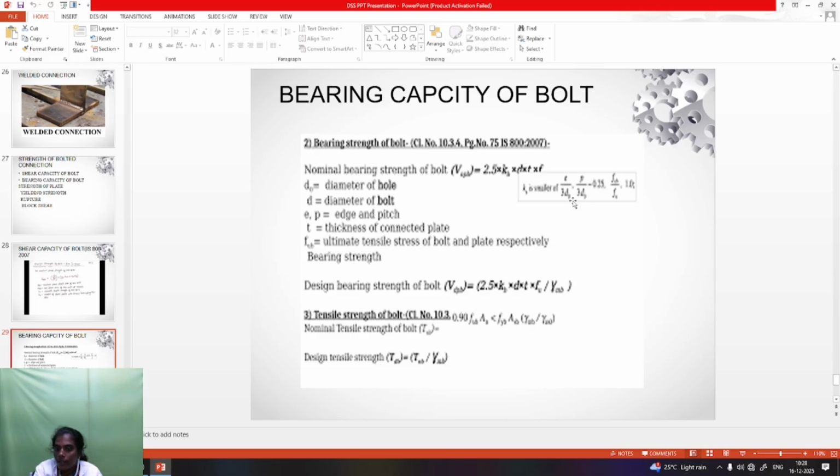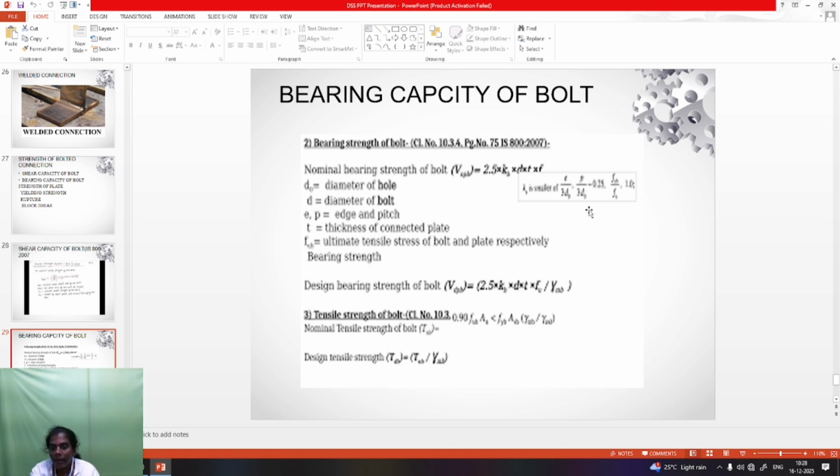What is d naught? d naught is the hole diameter, with plus 2 mm added as per the code book procedure. So 22 mm. So d naught is 22. The formula 1.5 times d is also used for e, based on your diameter.